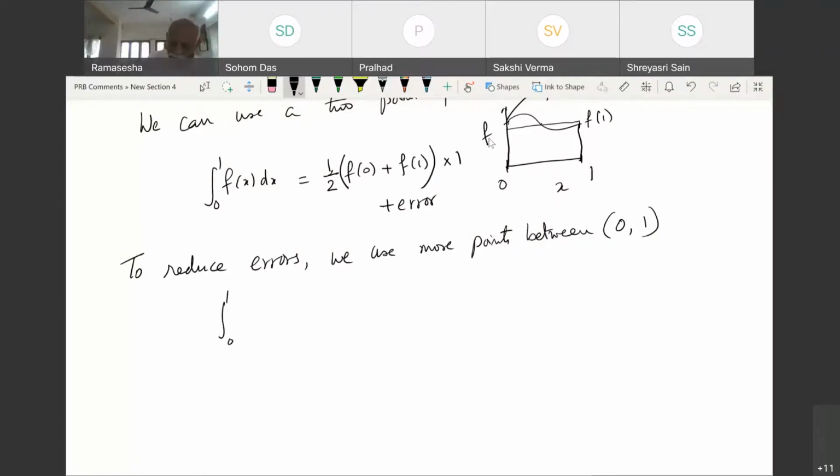I'll tell you how we can get these formulas. So this is Simpson's rule.